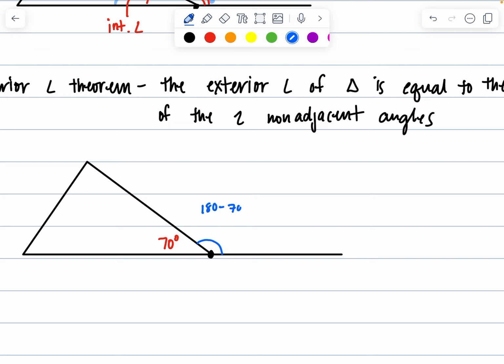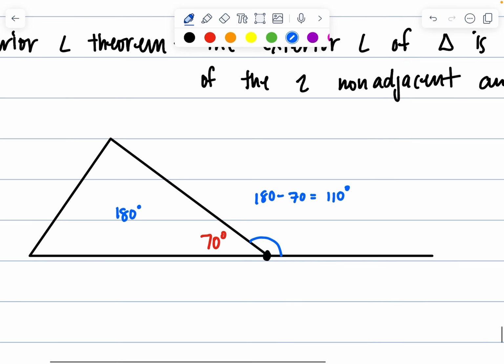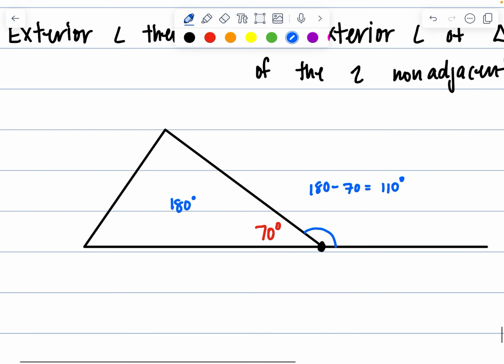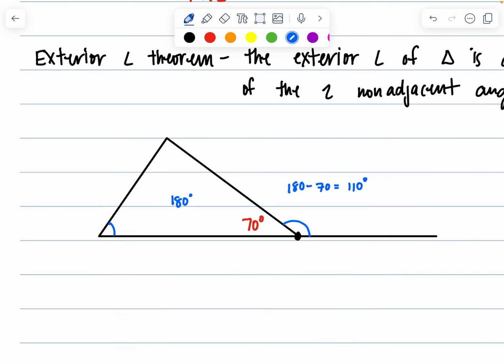Well, if you also think of a triangle, 180 degrees are in a triangle, and we know that, for instance, if we had the two non-adjacent angles here, non-adjacent angle 1, non-adjacent angle number 2, these are your non-adjacent angles, then we know that these two should add up to 180 minus 70 as well. In other words, there should be 110 degrees between these two, okay?